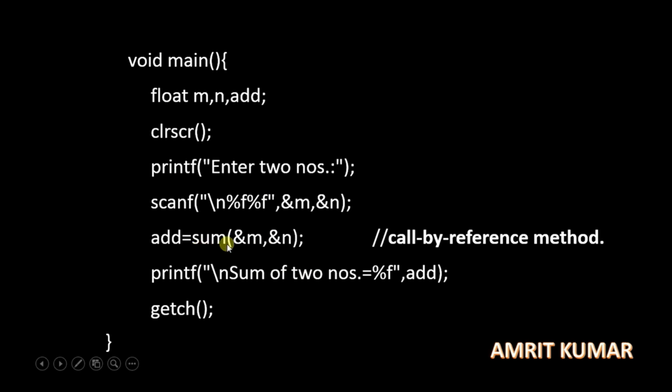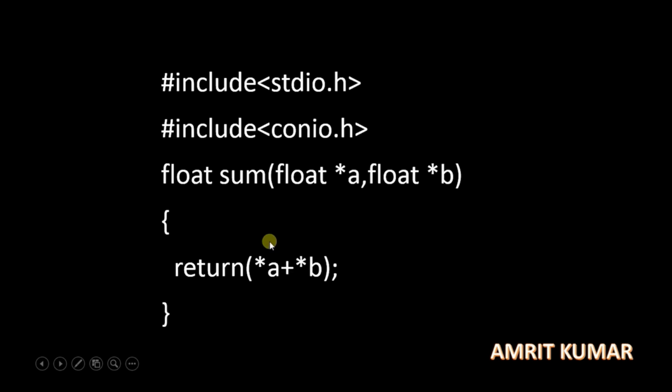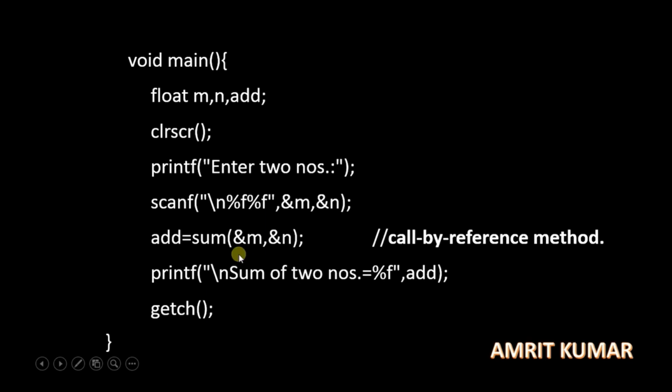So 15 is going to be returned here in this sum function to where it is called. We can say return helps us to return its value to where it is called. So it is called from here, therefore the value is going to be returned here, that is going to be 15 here. So 15 is going to be assigned in this add variable, and I have printed that add here.